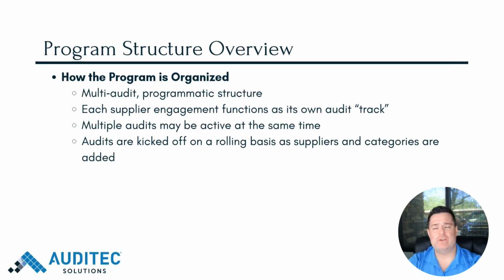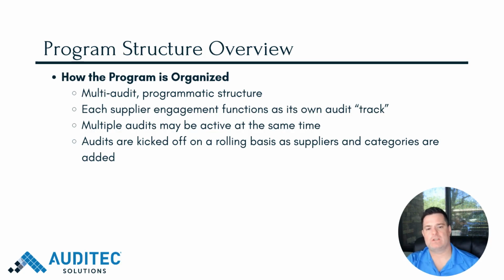So similar to a traditional contract compliance audit program, a real-time contract compliance audit program is multiple audits, and it's a programmatic structure. Each individual supplier that is being audited is in essence its own audit, and each audit is on its own track. Meaning if I kick off supplier A in January, then I will audit that supplier for a certain period of time until that program is over, starting in January, where supplier B may kick off in March.